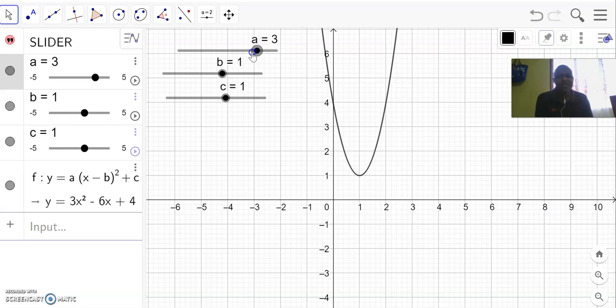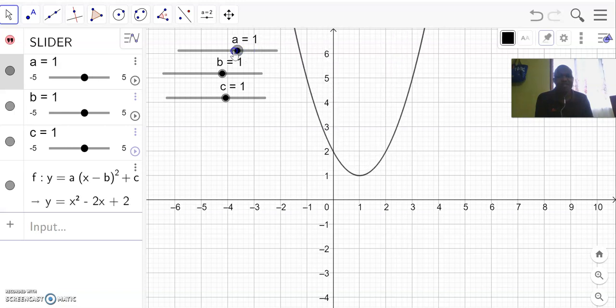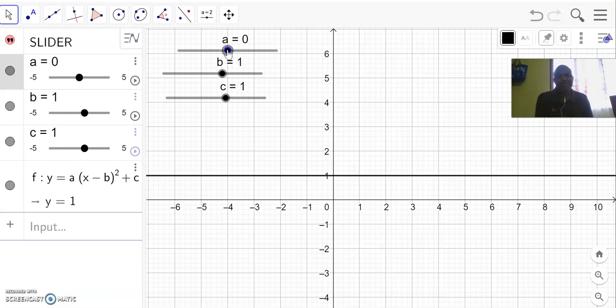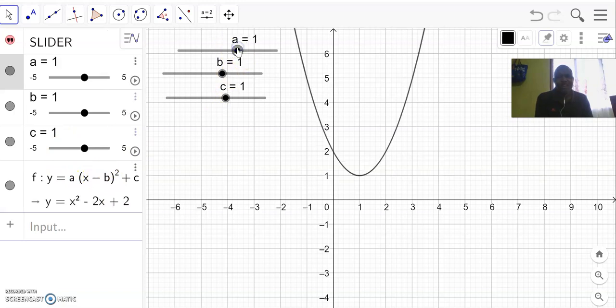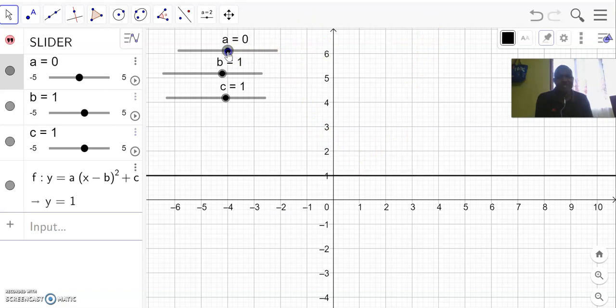When it is 3, when it is 2, when it is 1, when it is 0. When A is 0, you can see that it forms a straight line because Y is equals to C, because this one becomes 0. Also, where is the curve facing? It is facing upwards.